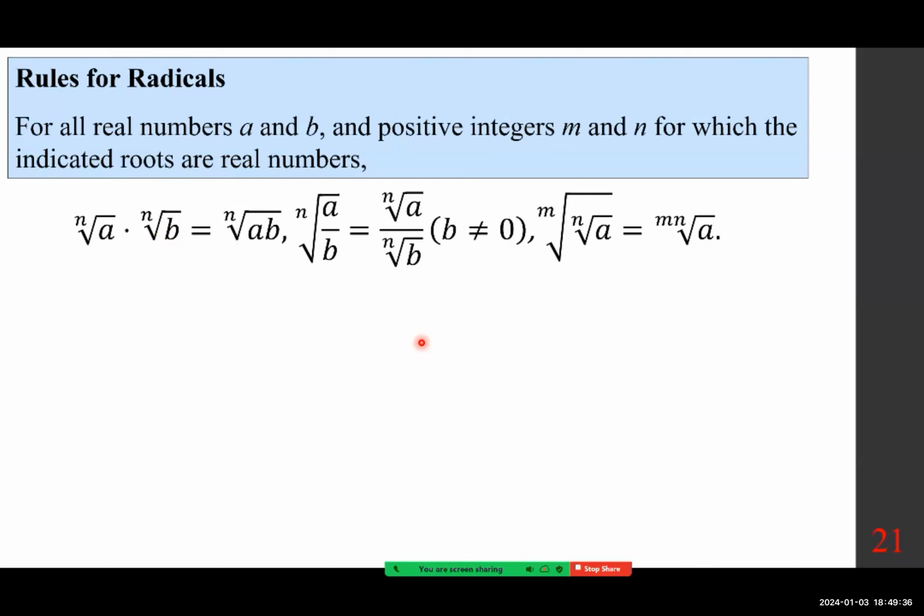And if there are two indices, you multiply them by each other. Because this is a to the power of 1 over n, and this is a to the power of 1 over n, and because of that, it's to the power of 1 over m.